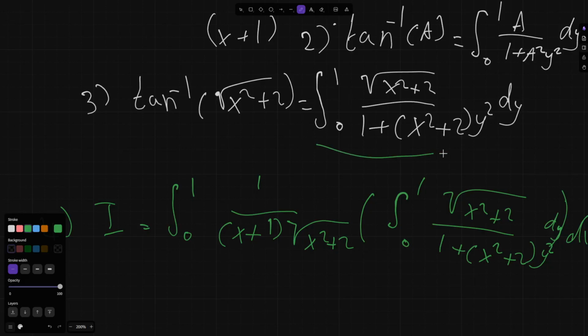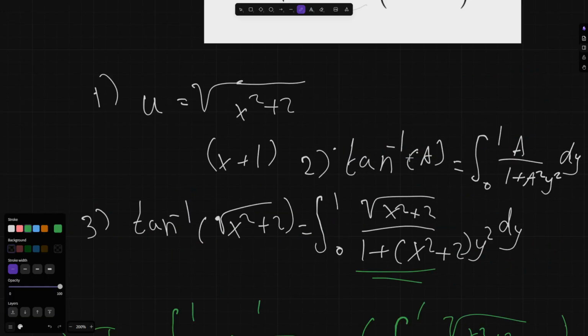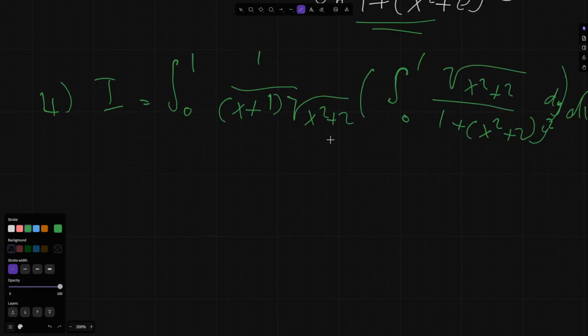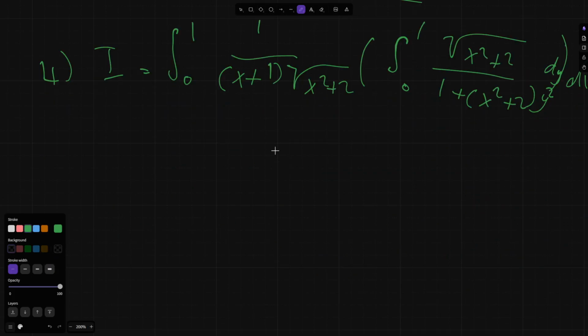We have simply substituted this part inside our I. Look what happens. The square root of x squared plus 2 becomes the numerator in the inner integral, and cancels perfectly with this.